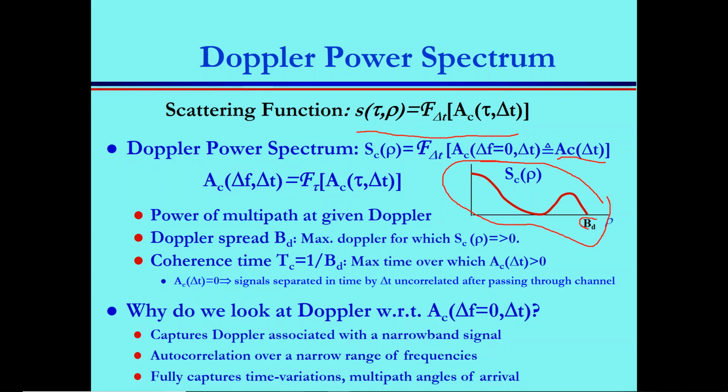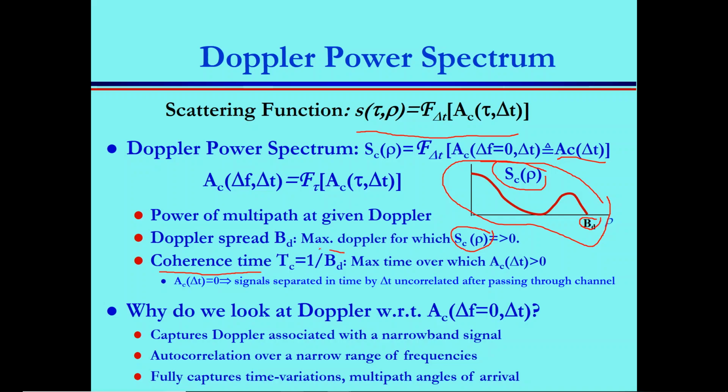This is the amount of Doppler spread you have, and this is the scattering function related to Doppler, and that's why we call it the Doppler power spectrum. It gives you the power of multipath at a given Doppler. Doppler spread is equal to BD. We call it the maximum Doppler for which the scattering function is greater than 0. And in this case, what can you determine? The coherence time. The coherence time is equal to 1 over Doppler spread.